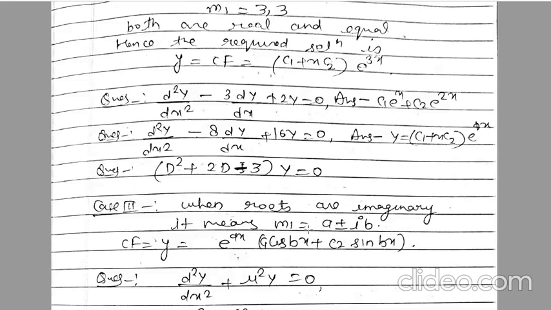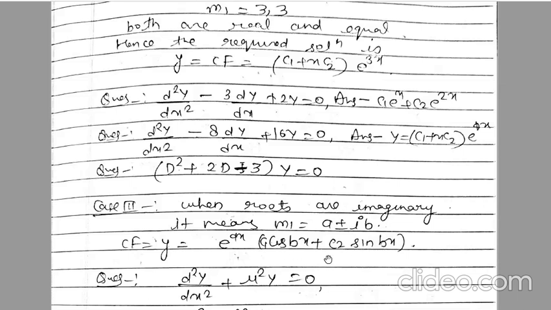So for the real part you will write e to the power ax, and for the imaginary part you will write c1 cos bx plus c2 sin bx, for plus minus iota b. As in complex numbers, I told you e to the power i theta is cos theta plus i sin theta. So plus minus iota b, so c1 cos bx plus c2 sin bx, right? So this is your imaginary root solution, right?